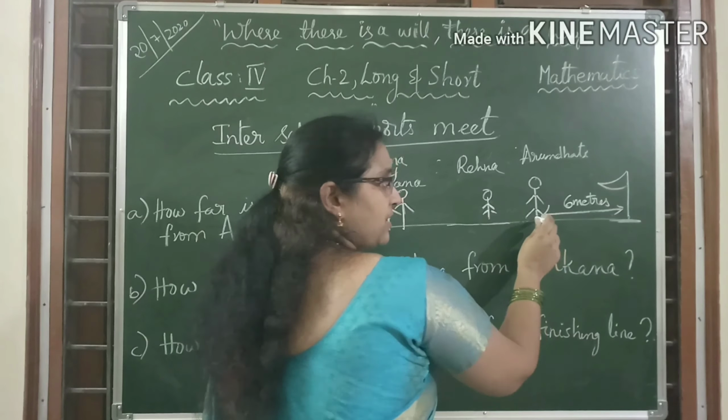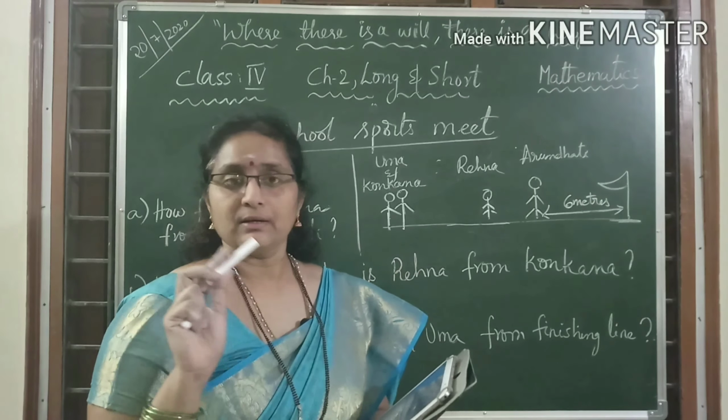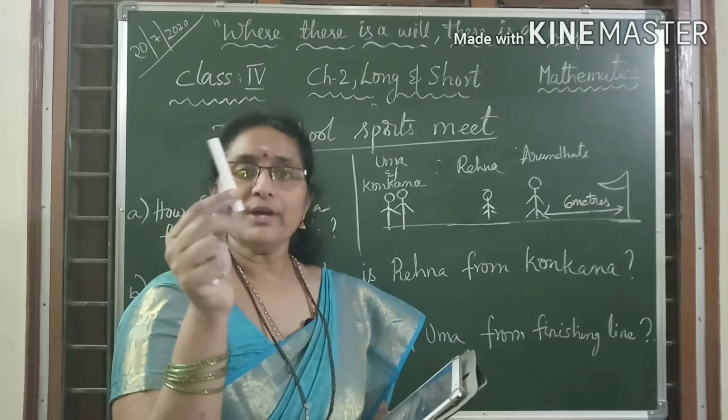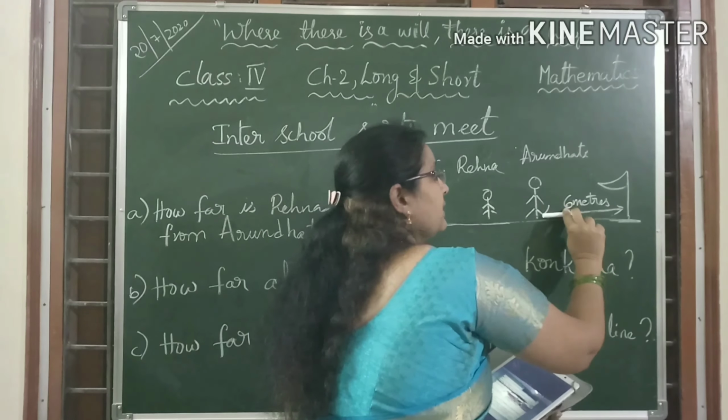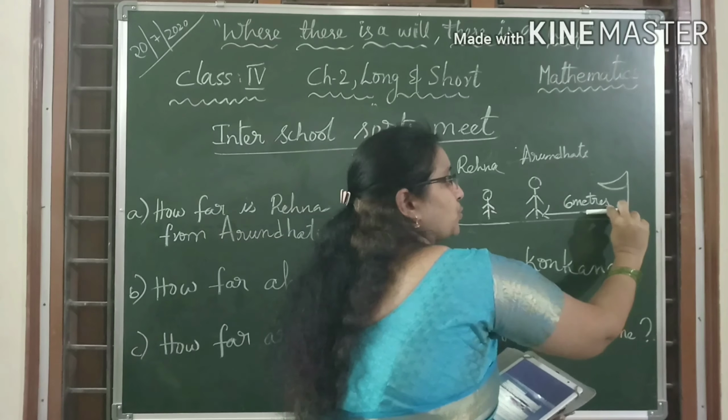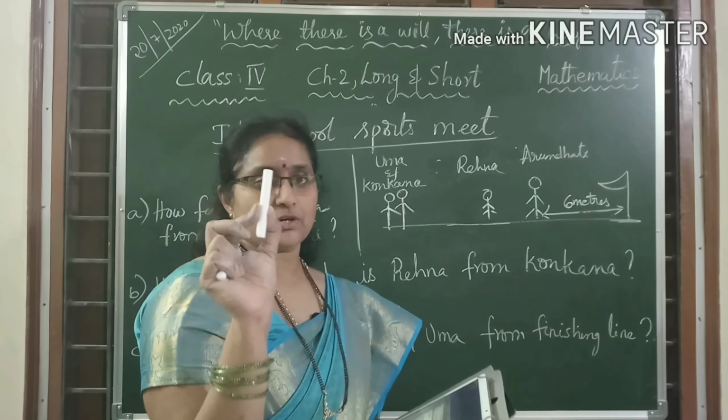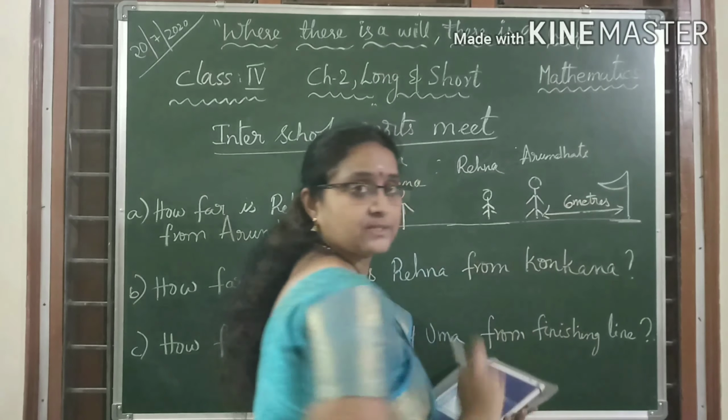From the finishing line, Arundhati is about to finish. We will measure the distance with this chalk. From here, 1, 2. So, 2 times this chalk is 6 meters.